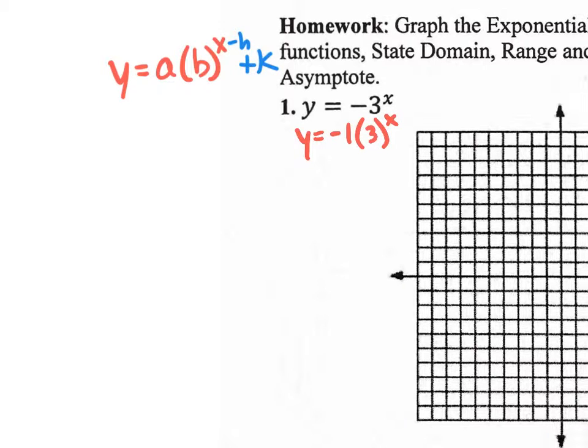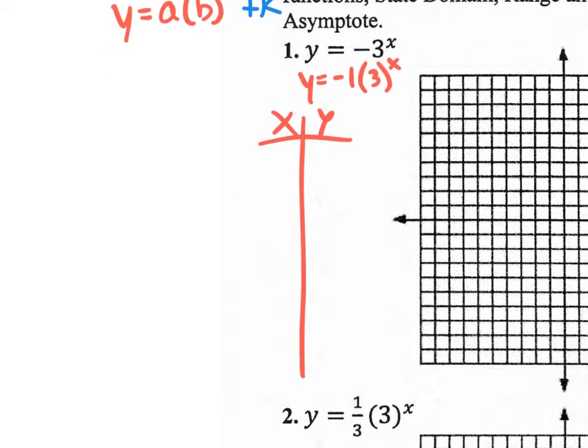Okay? And now we could jump straight into our xy table, and let's do consecutive integer inputs. So let's do a -3, a -2, a -1, a 0, a 1, a 2, a 3. By the way, we're not going to even use all of these. So which is the easiest one to plug in? 0.